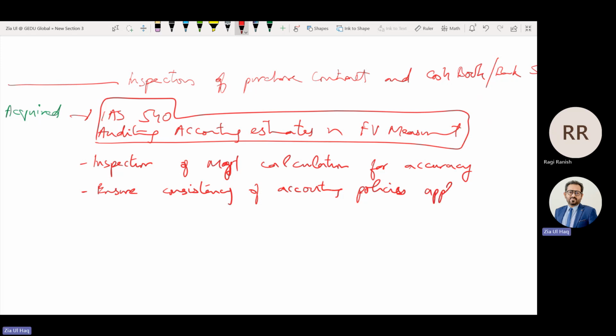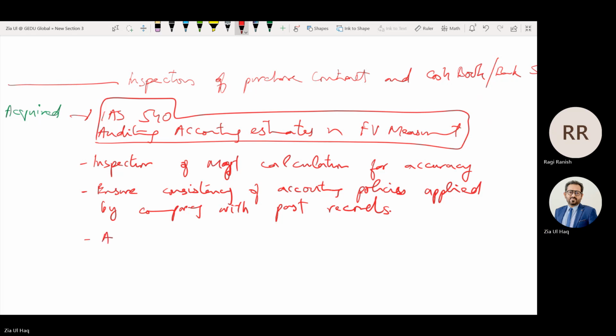Management should have applied the same accounting policies in measurement of fair value that they normally apply. How can we check what the normal accounting policies are? By comparing with past records. From past records, we'll be able to identify what accounting policies they normally use, and then we will see whether they used the same depreciation rate and method while calculating fair value of assets.